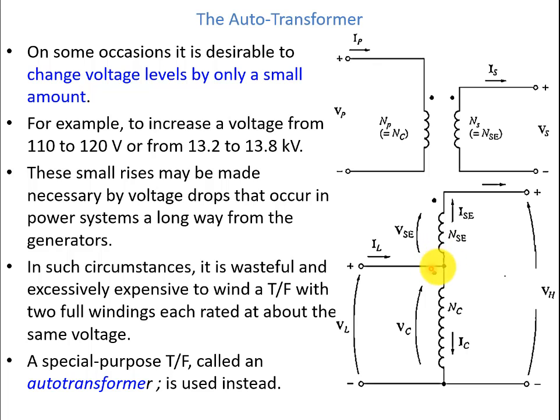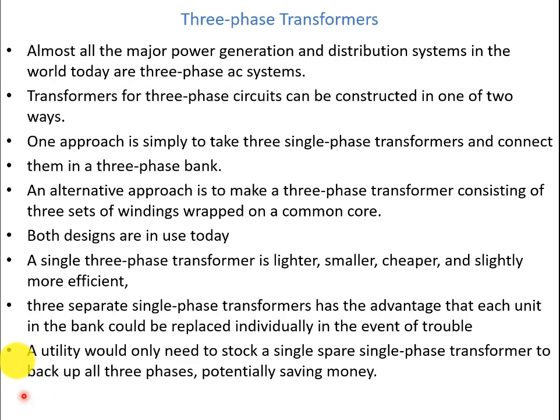You might have seen these transformers in laboratories in different experiments, where we call them a variac, or the variable AC source or variable transformer. These are autotransformers which we can use instead of winding if we require. Almost all the major power generation and distribution systems in the world today are three-phase AC systems.